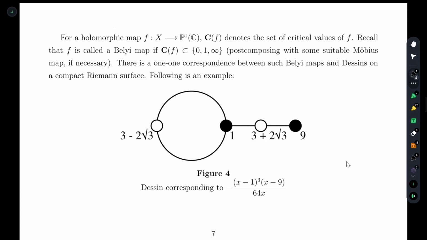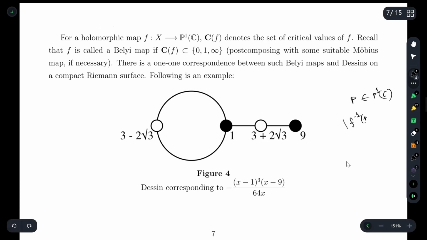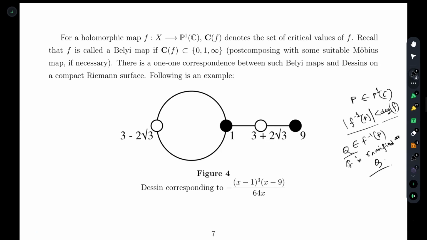So the critical values of f are the points p inside P1(C) such that the cardinality of the pre-image is less than the degree of f, or equivalently, there is some point q inside f inverse of p such that f is ramified at q.